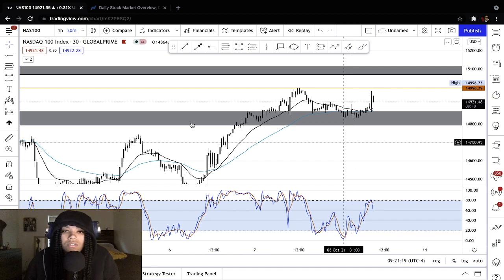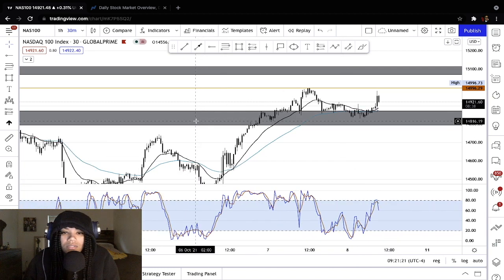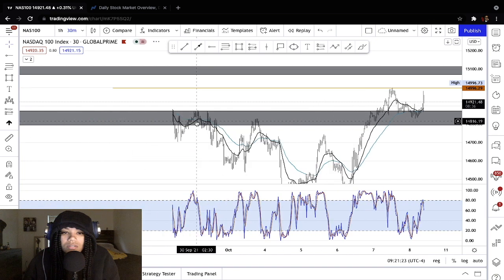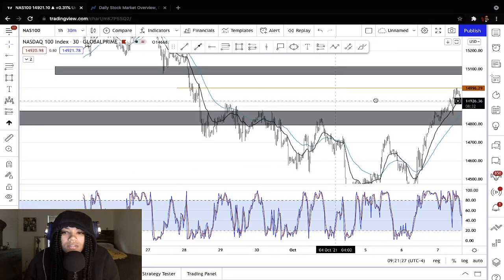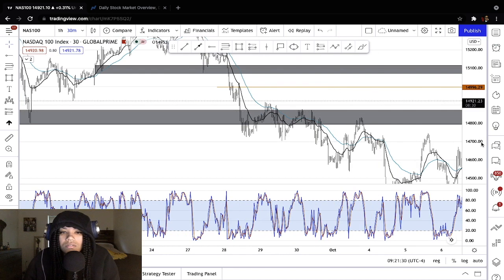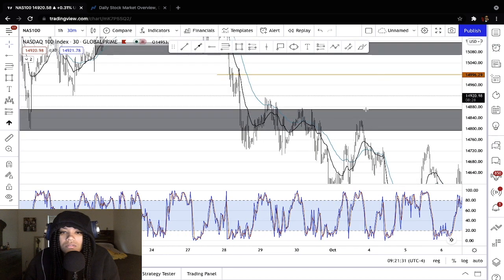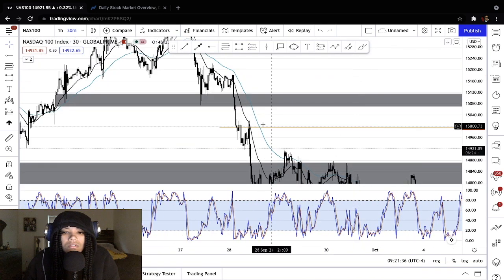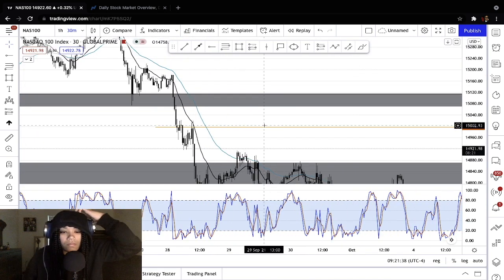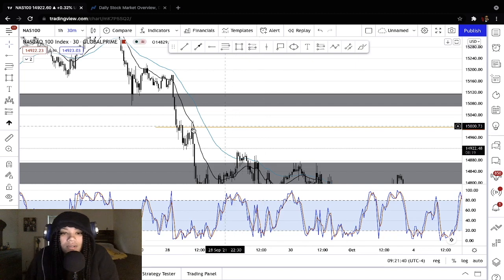If we look to our left, we can see that this area right here was a resistance zone.